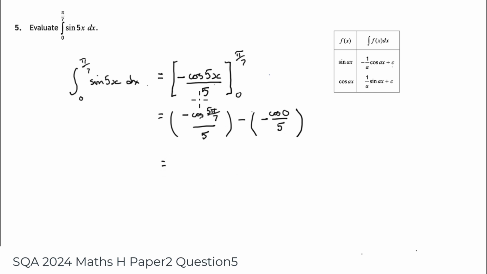Now, this first expression, we certainly need a calculator to calculate that. And remember, if there's no degree signs, we're talking about radians here. So we'll leave that for a minute.